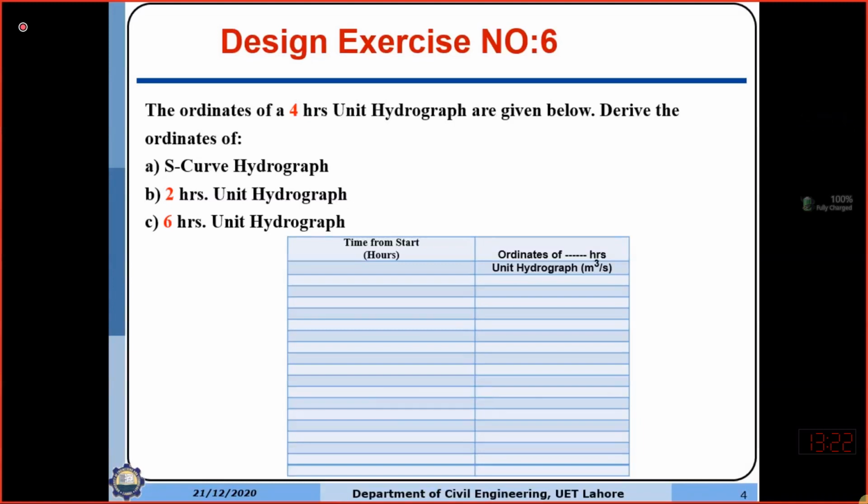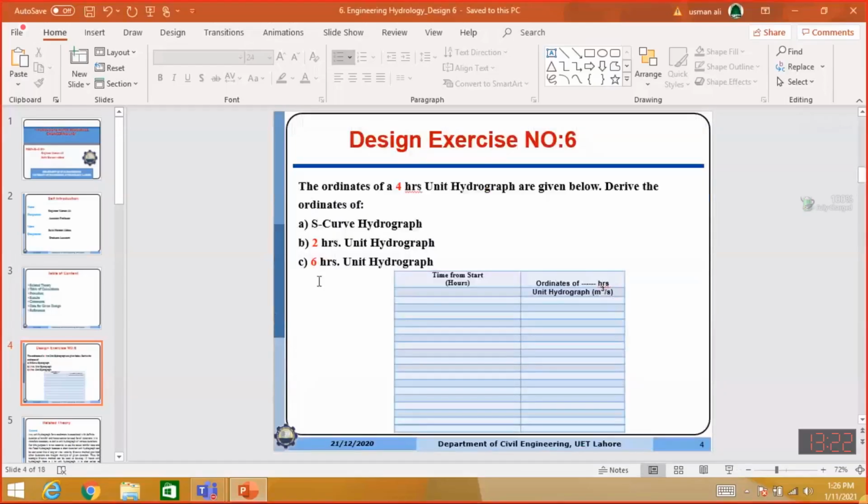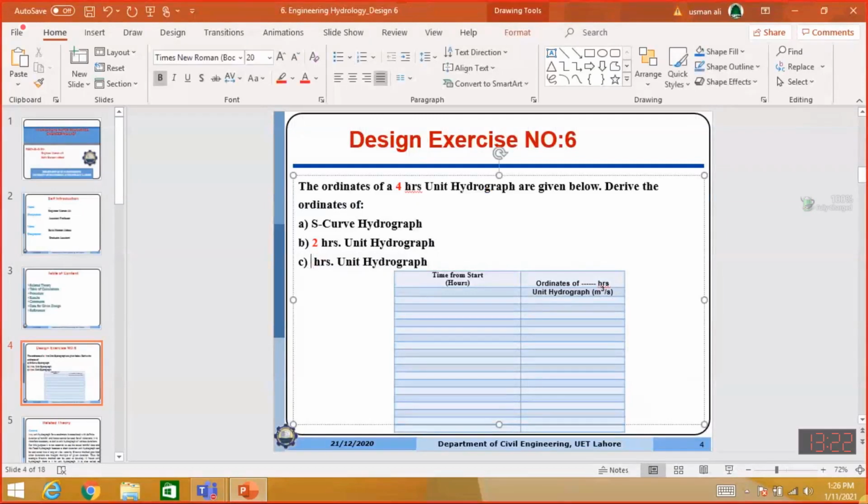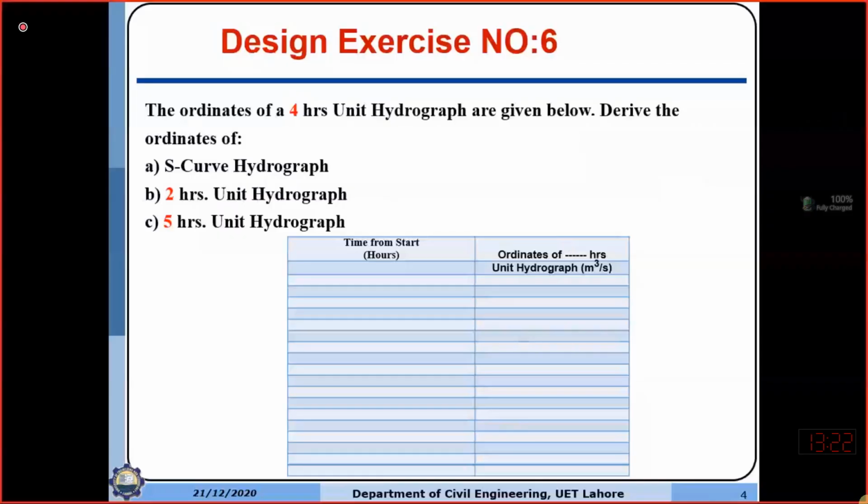So now, if you derive the unit hydrograph for a certain area, let me correct this, it should be 5. Our unit hydrograph. So what is the use of unit hydrograph? Unit hydrograph is used to predict the flood discharge. It's used to find the time to peak. It is used to find the volume of runoff for any given precipitation in a certain area.